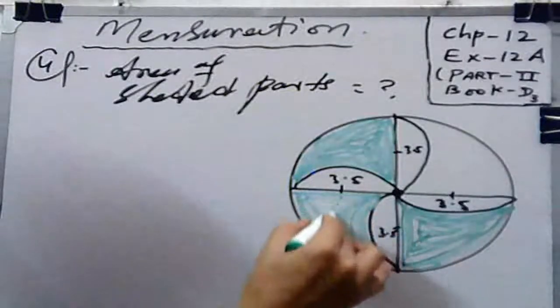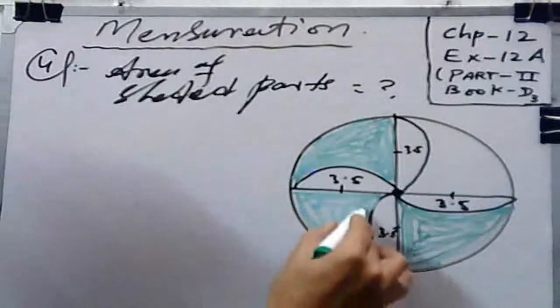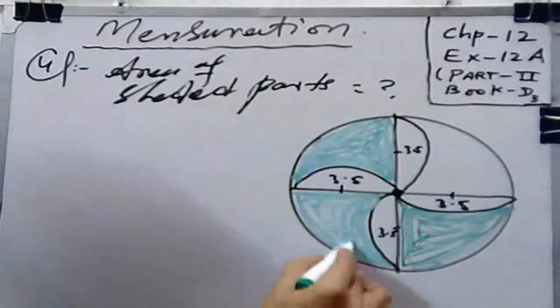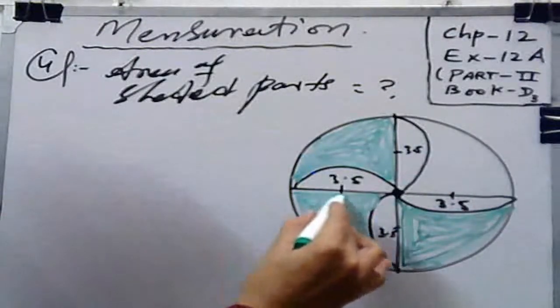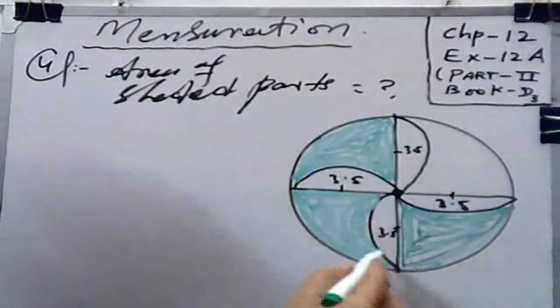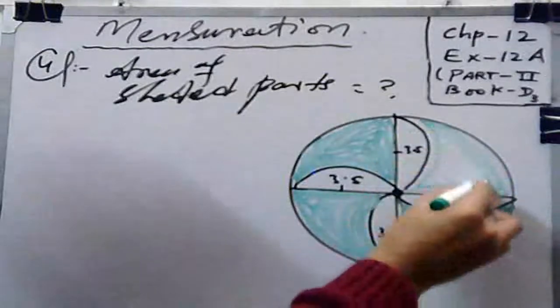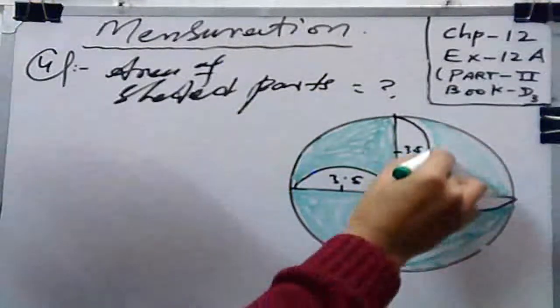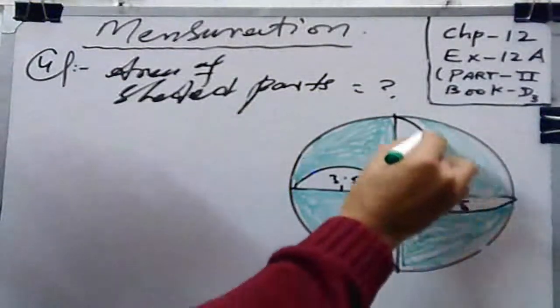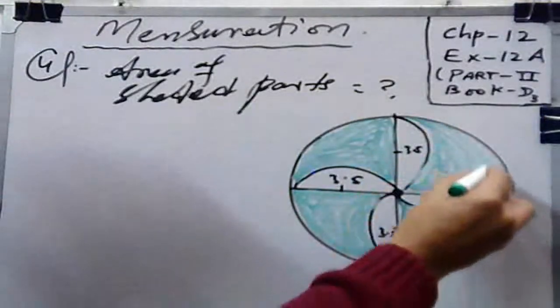Given diagram is very much important, because you know all the formulas, how can we calculate the area of each part, each portion, that's why we are trying to draw the figure very much accurately to get the exact result. And this one is your shaded portion.